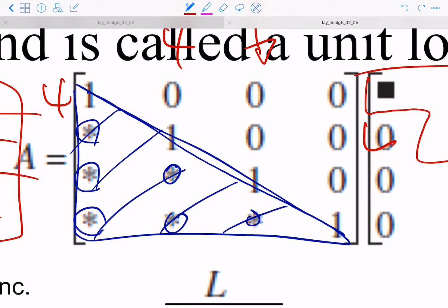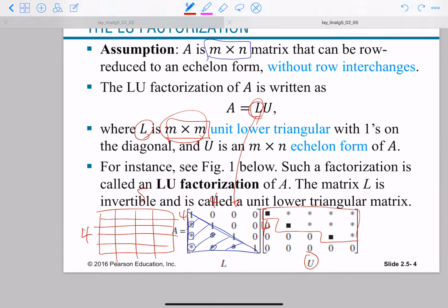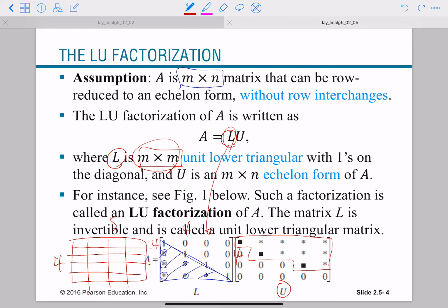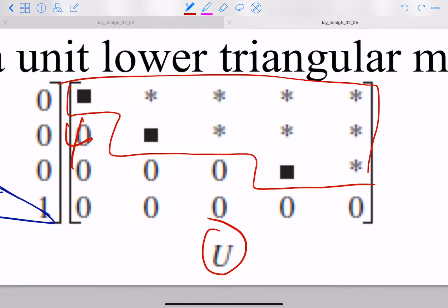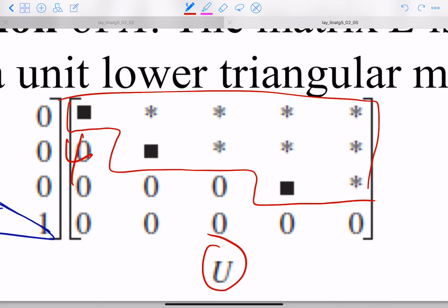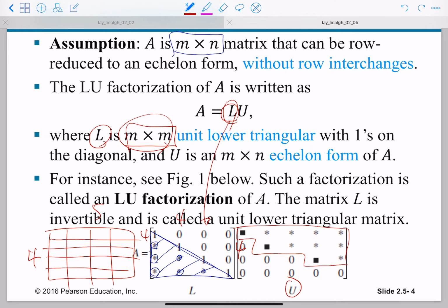Any questions about the main problem setting of this factorization? Okay, let me give a quick understanding of what U is. U is the echelon form of the matrix A, not the reduced echelon form, only the echelon form. And how can we obtain this factorization A equals LU?